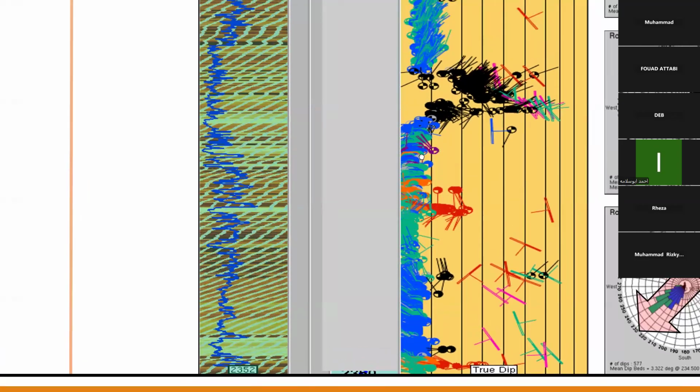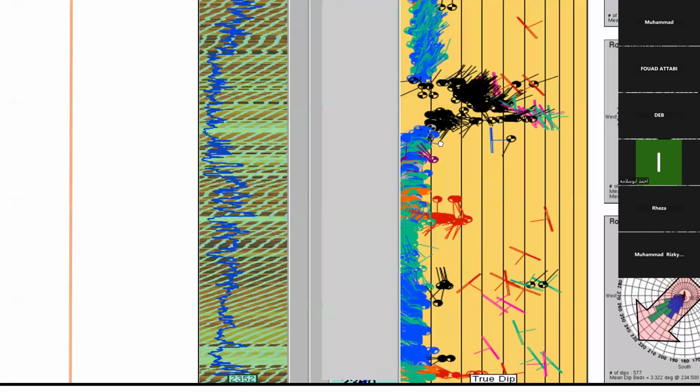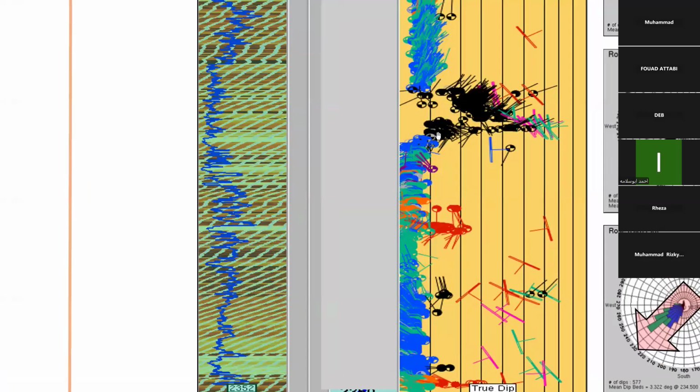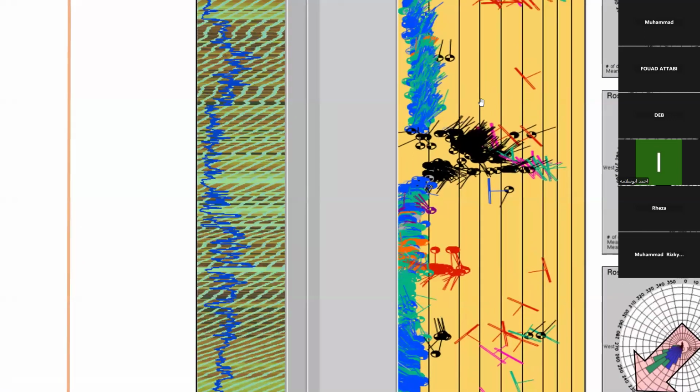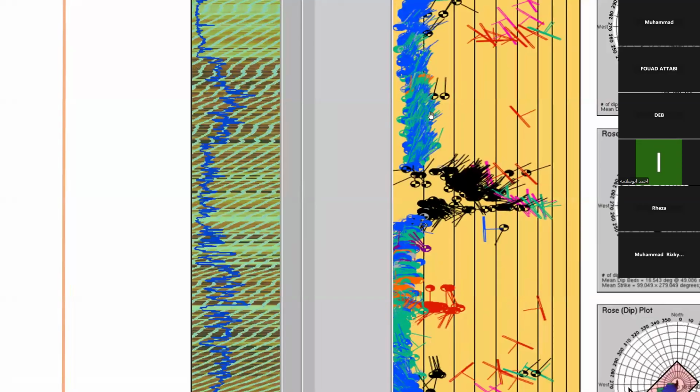By going up, we can see a deformed zone, where the dip angle can reach up to 90 degrees. Then above that zone, the dip becomes gentle again, about 10 degrees in the direction of the northeast.